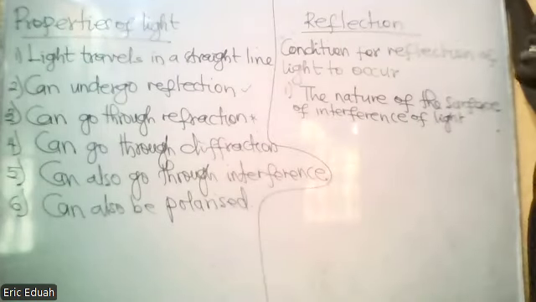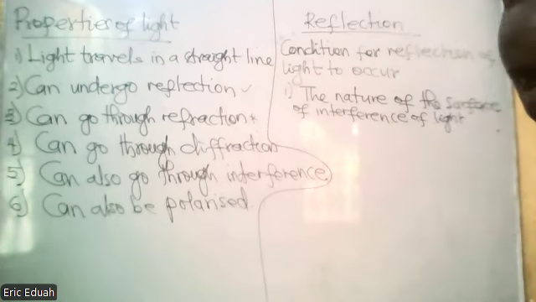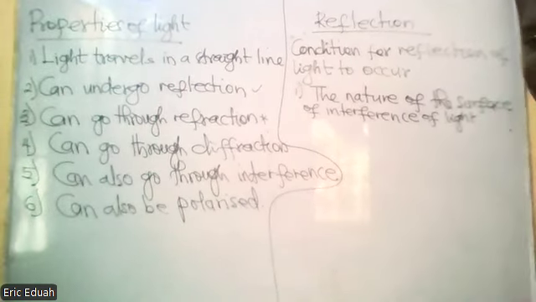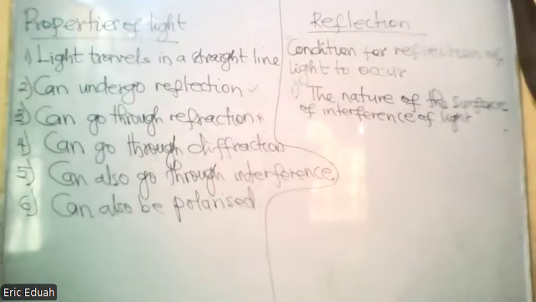If the surface is rough, reflection would occur, but the extent of reflection wouldn't be anything that we can see and appreciate.